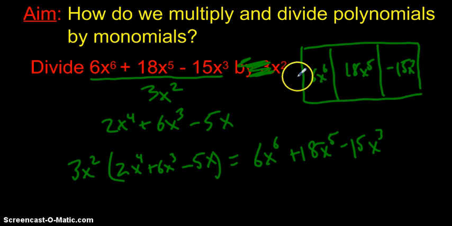And this is 3x squared. 3x squared again times something gave us this. So it's just like the carpet problem. We could figure out what it is in reverse. So that again is 2x to the fourth. This is 6x to the third, and that would have had to have been minus 5x.